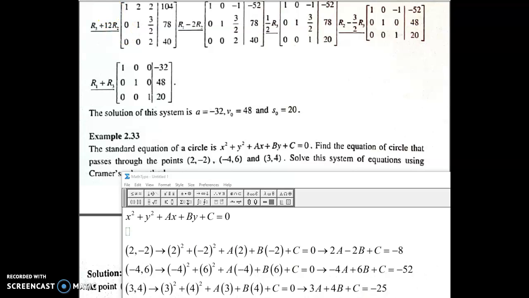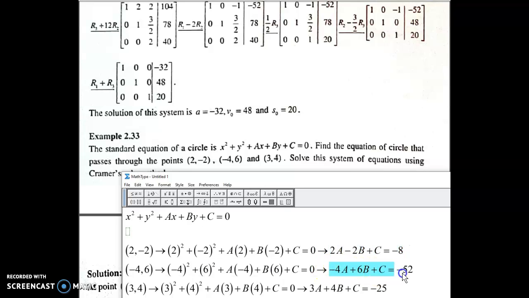So I have created the linear equations. As you can see here, this is the general form, and this is me substituting x and y. So we have 3 points. When you substitute everything in this equation, you should get these equations.